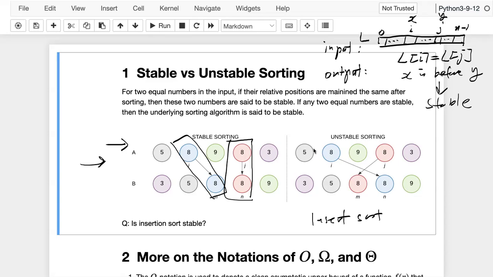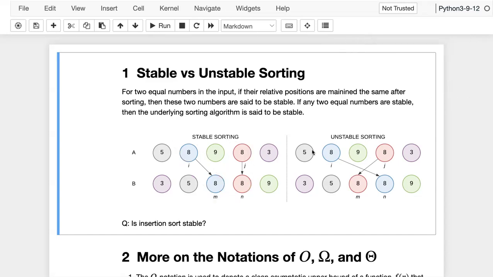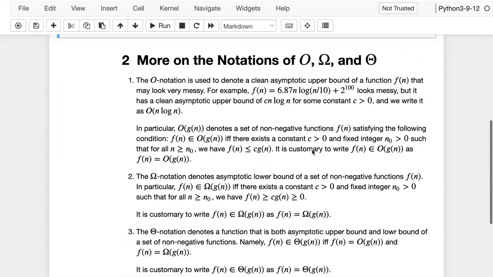So next we're going to look at the notations of big O. As I mentioned last time, big O is used to hide details of a mathematical expression so that we only keep the highest term, the dominating term, by getting rid of all the constant coefficients and all the lower degree terms.